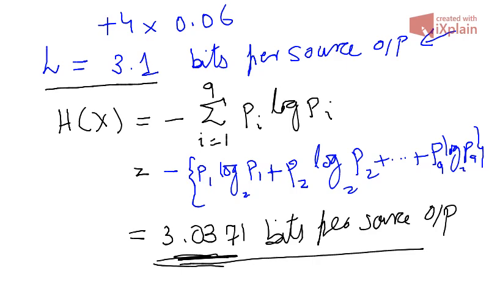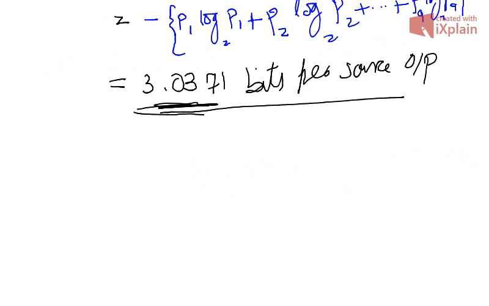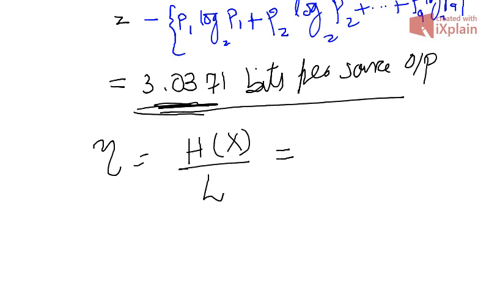You can also compute the efficiency of your source, and the efficiency is defined as the entropy over the average code word length. If you compute it for the Huffman coding, this efficiency is always, theoretically speaking, less than or equal to 1. It equals 1 if L, the average code word length, is equal to the entropy, and then you would get 100% efficiency.